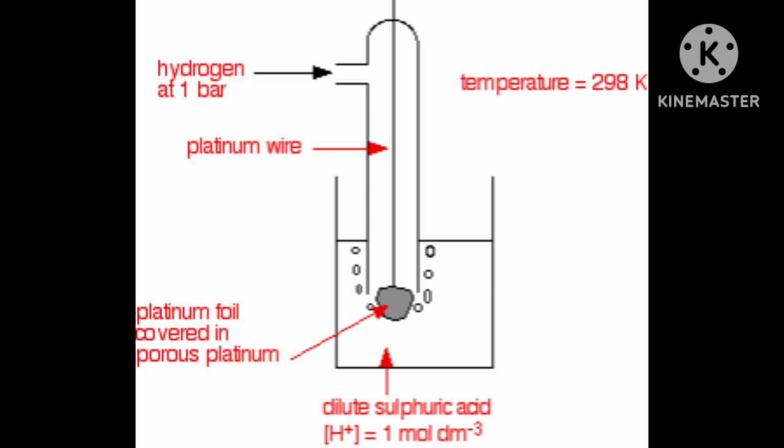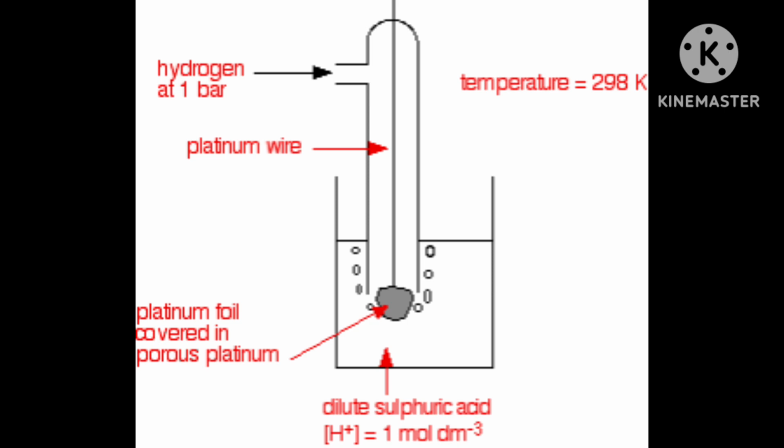Now here I want to tell you, just like the standard hydrogen electrode, he is the standard. This standard hydrogen electrode will decide the potential of other electrodes. Many electrodes are there, then what is their potential?